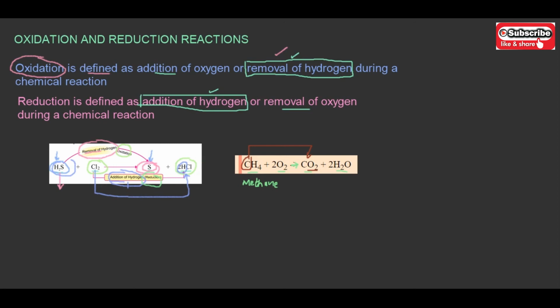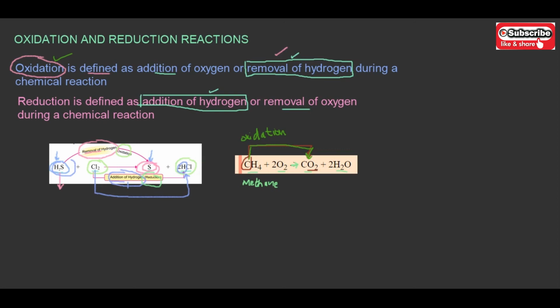Addition of oxygen occurred. So addition of oxygen, as you can see in the definition, is oxidation. This is oxidation because this carbon atom was bonded initially with hydrogen atoms, but on the product side it is bonded to oxygen atoms. So addition of oxygen has occurred, and this is known as oxidation.